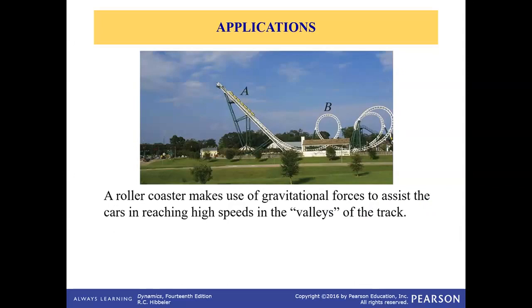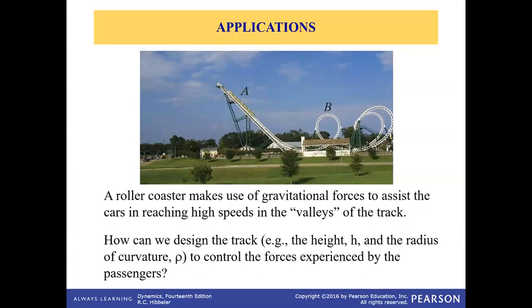Now, a few practical applications and examples of work done. In this case, we can see that the roller coaster car goes from point A to point B and completes the loop. Going from A to B, there is a change in elevation. Let's call this delta y.